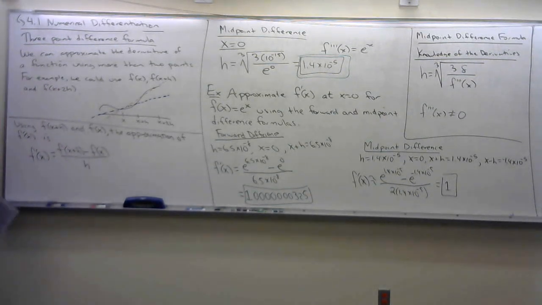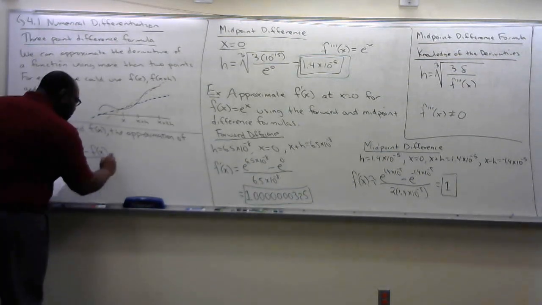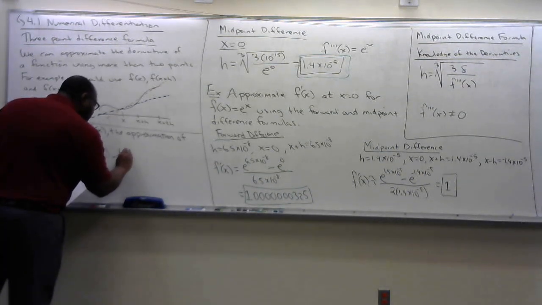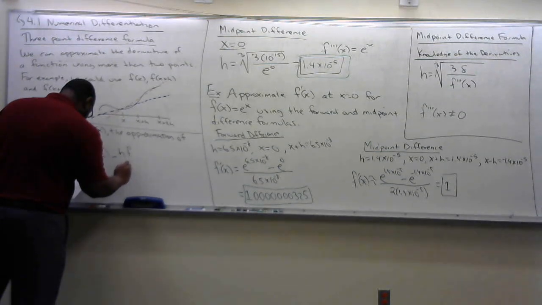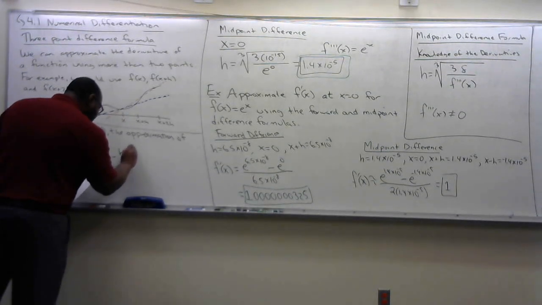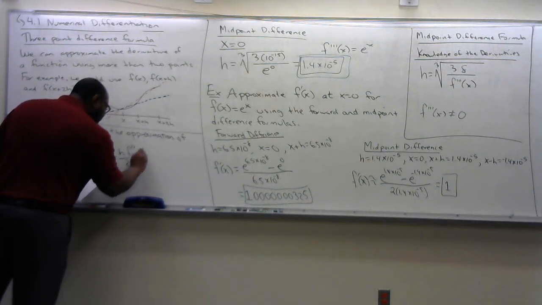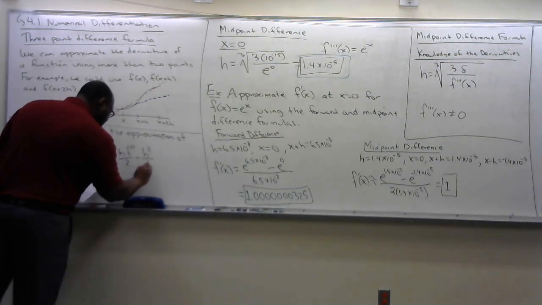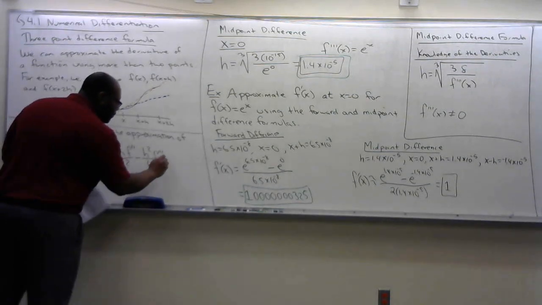That is my approximation. But if I want to say that this is equal, then I have an error, and my error is minus, if you guys remember this, h f double prime over 2 minus h squared over 6 f triple prime plus dot dot dot.